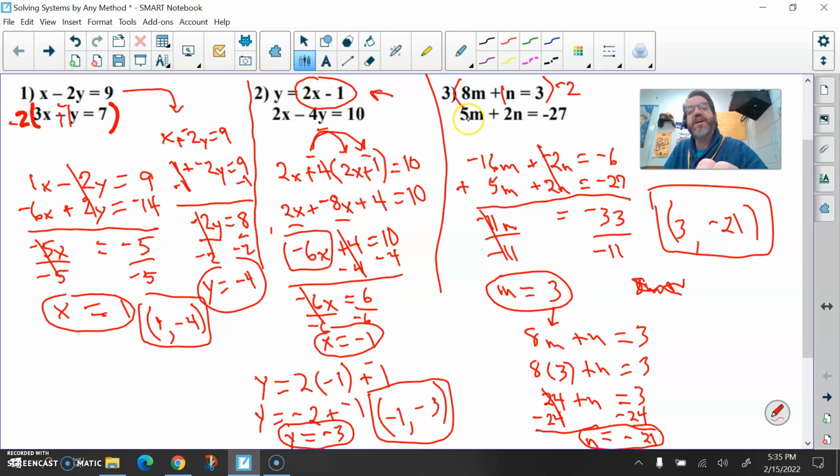And if you try them in the second equation, 5 times 3 is 15. 2 times negative 21 is negative 42. 15 plus negative 42 does equal negative 27. You could check that on a calculator if you really wanted to, but it does work out nicely.